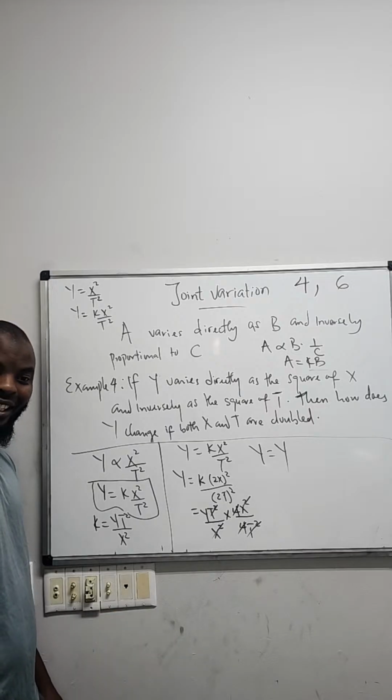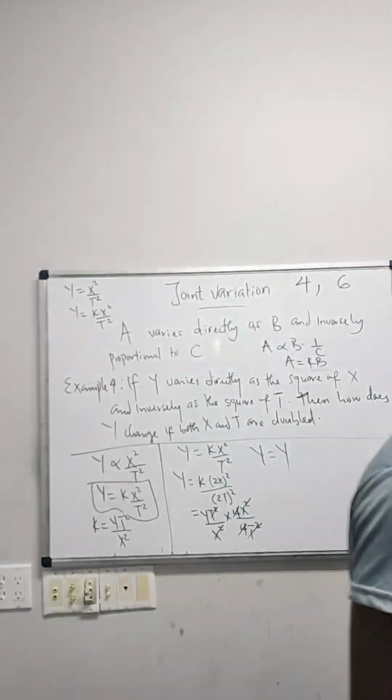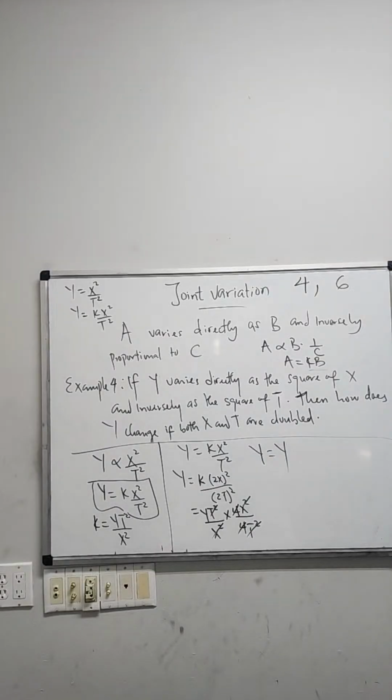You have questions? I understand it, but it's kind of confusing. Okay, what's confusing? Why it works? Do you have another question? If it looks almost the same, why is it not changing?